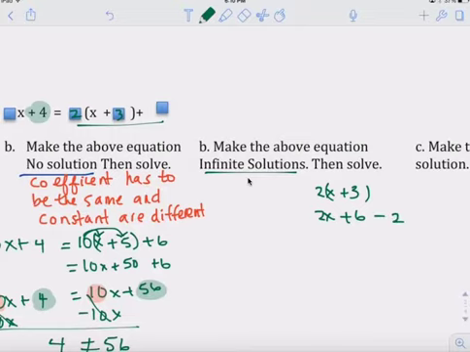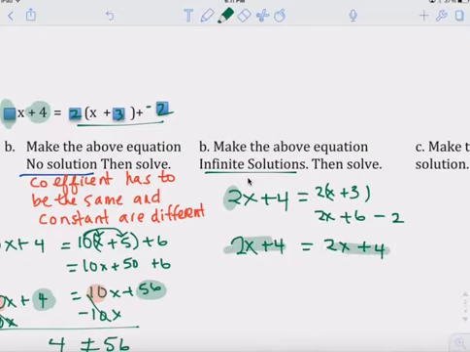So my missing number is negative 2. Okay. So this way I get 2x plus 4. And that's what I want. Okay. 2x plus 4. The missing number here is 2. And 2x plus 4. Look, it's the same on both sides, you see? That's the same as this one.